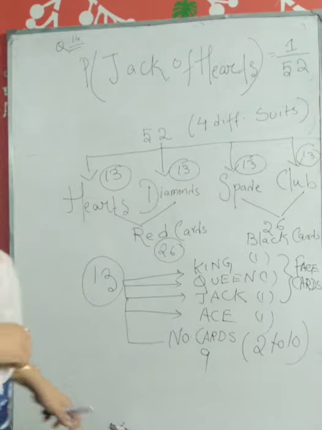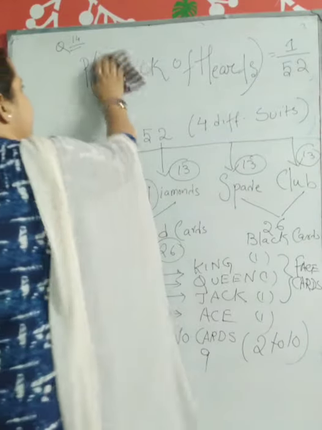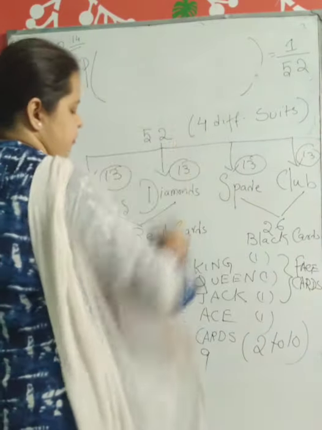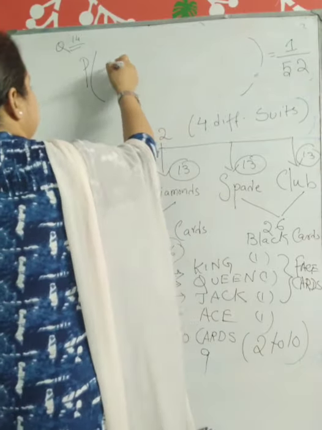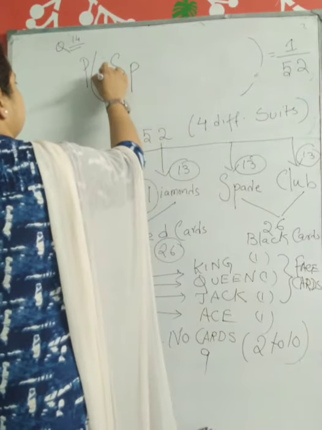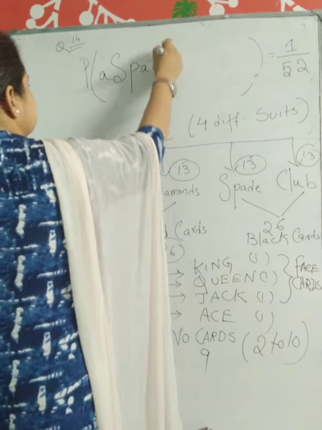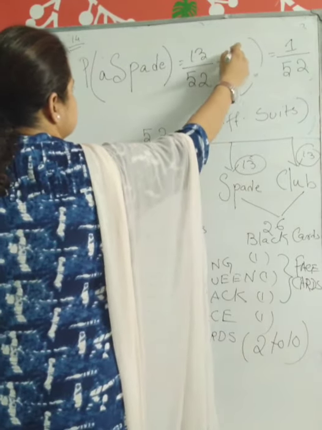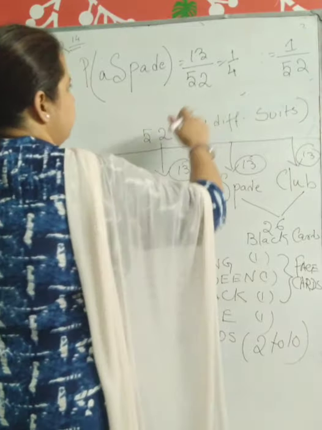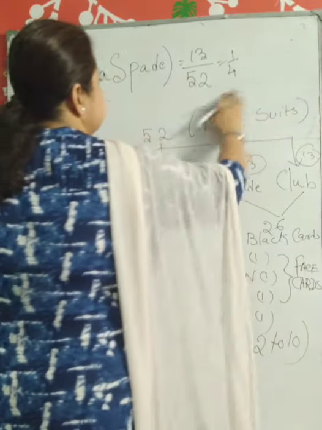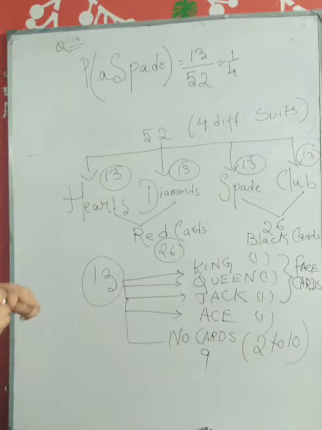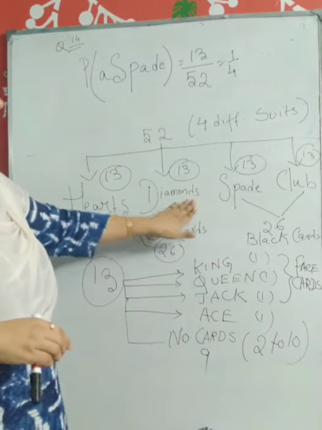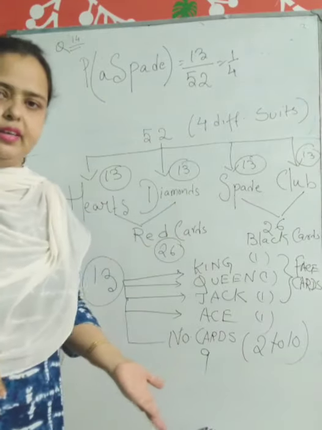Now if it is asked, find out the probability of a spade, or of a diamond, or of a heart, then you will answer 1 by 4. The question can be of a spade, a diamond, a heart, or a club, anything.